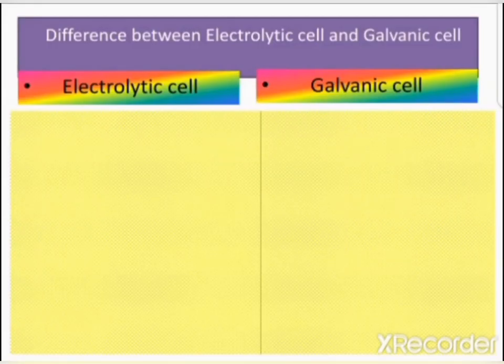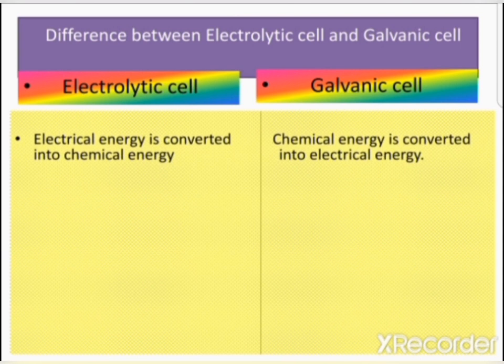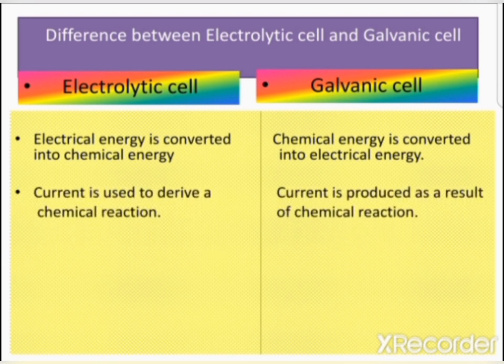Let us first study the difference between electrolytic cell and galvanic cell. In electrolytic cell, electrical energy is converted into chemical energy, whereas in galvanic cell, chemical energy is converted into electrical energy. In electrolytic cell, current is used to drive a chemical reaction, whereas in galvanic cell, current is produced as a result of chemical reaction.